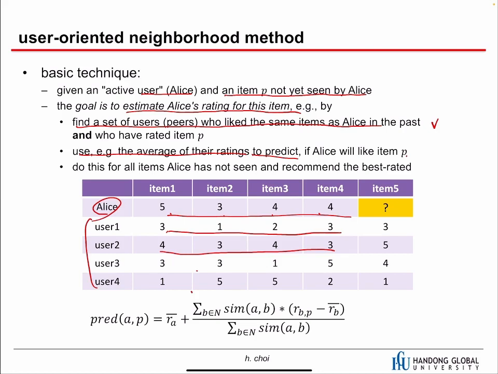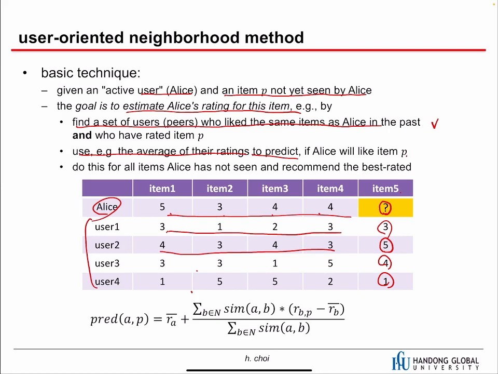Okay, then user 2 gave rating 5 for item 5. Then users 1, 3, and 4 gave some ratings. Okay, then the question is, what would be this?